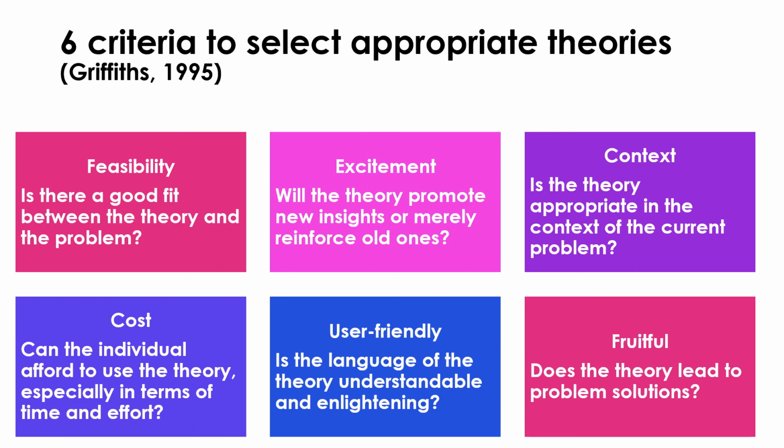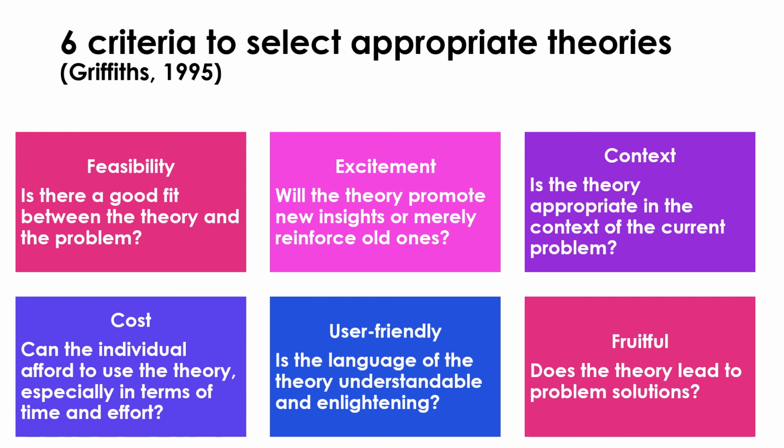To select appropriate ones, you can use Griffith's 6 criteria to evaluate your choice of theories and constructs. They are feasibility: is there a good fit between the theory and the problem? Excitement: will the theory promote new insights or just reinforce old ones?